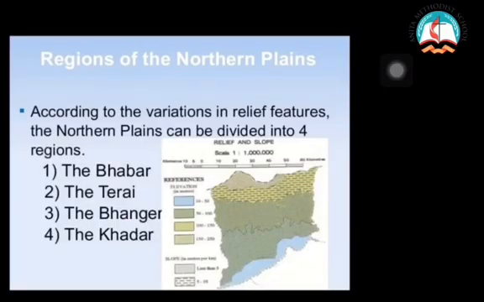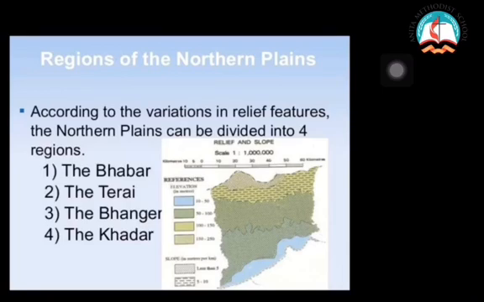Children, today we are going to learn about the Great Northern Plains. This extensive plain lies to the south of the northern mountains.